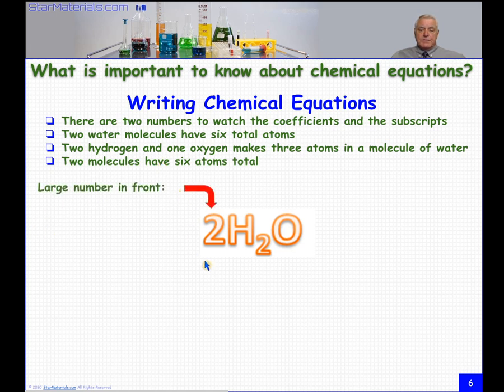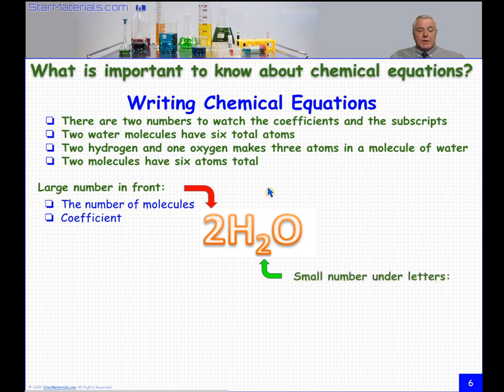The large number in the front is the number of molecules. It's called the coefficient. So we have our friend H2O, and we have 2 of them. Now the smaller number under the letters is the number of atoms in each molecule. So in each molecule of H2O, there are 2 H's, hydrogens.